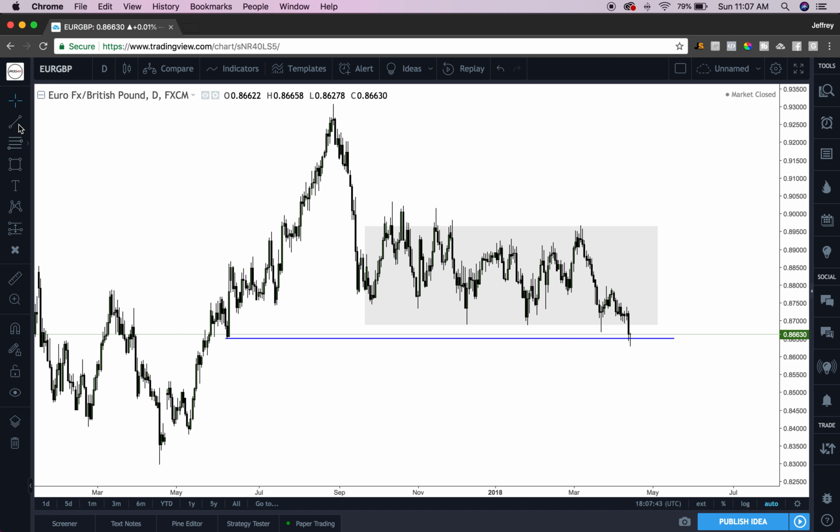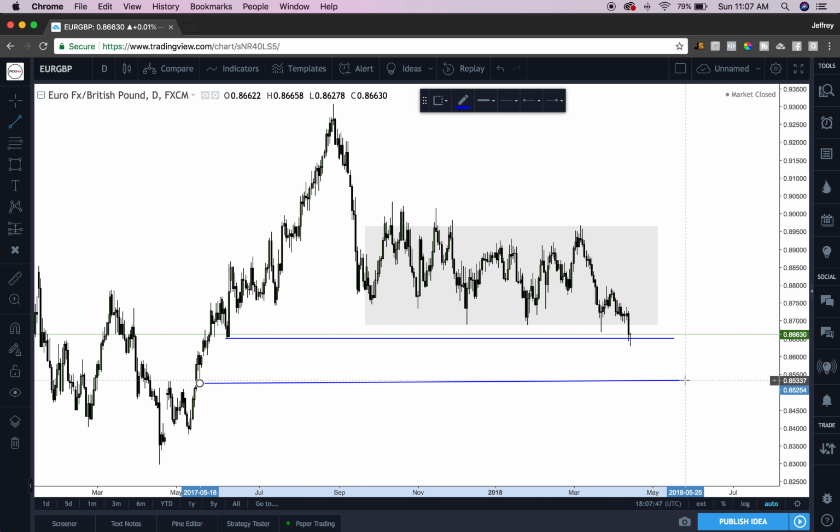So we will be targeting each swing low going forward, but I think we're going to get a move below this low here. And the reason, what's going on with my mouse?